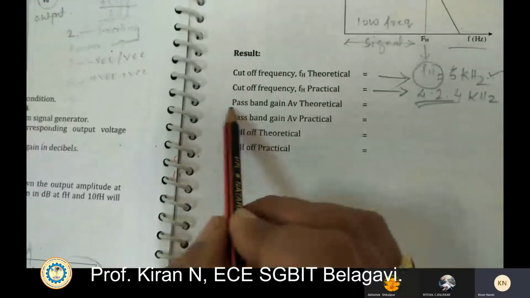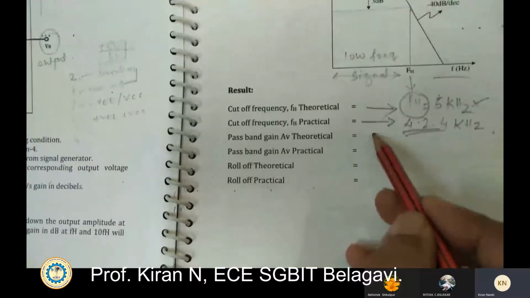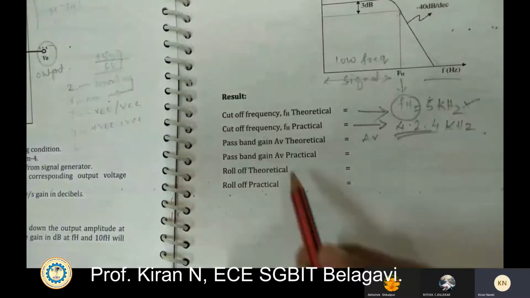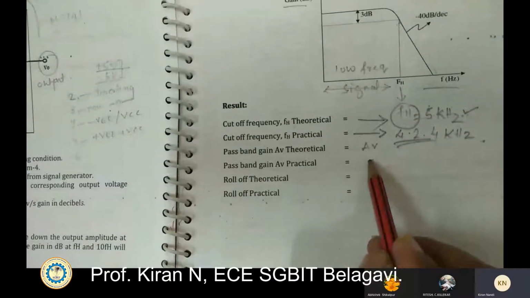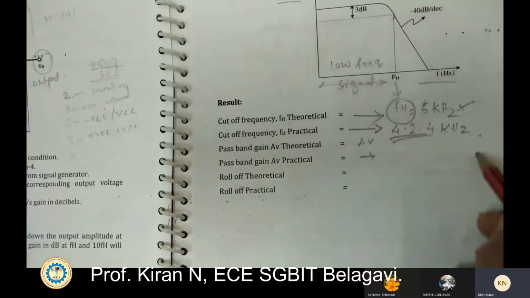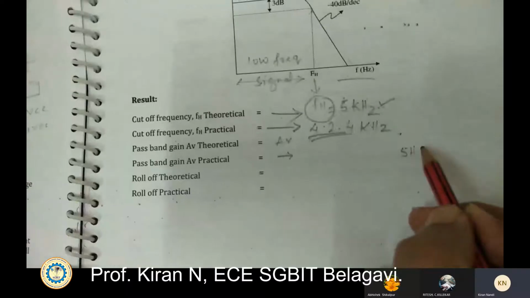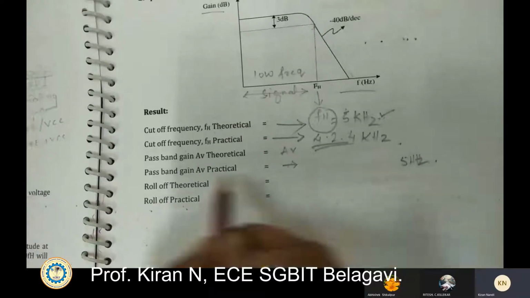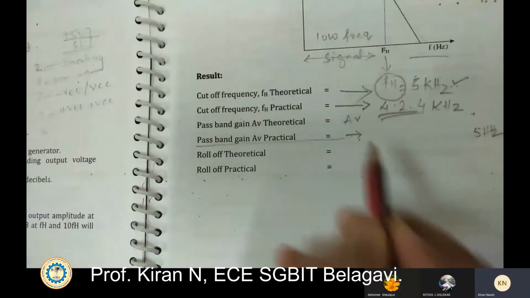Then calculate the AV theoretically and practically also. Practical means this AV value will be calculated only at 5 kilohertz, or where the signal is reducing its gain. Only for that value we have to calculate.